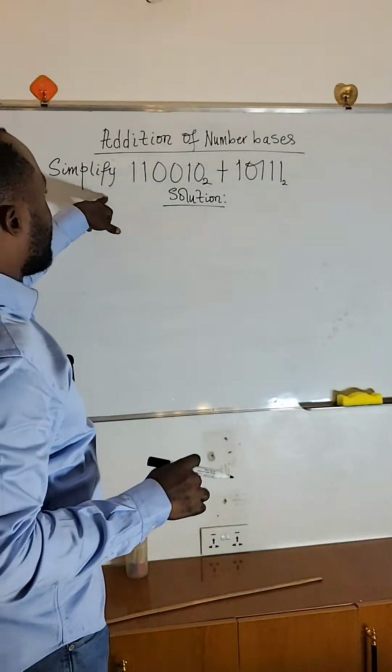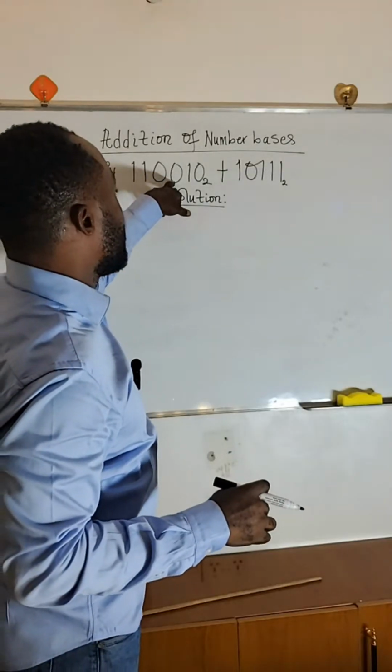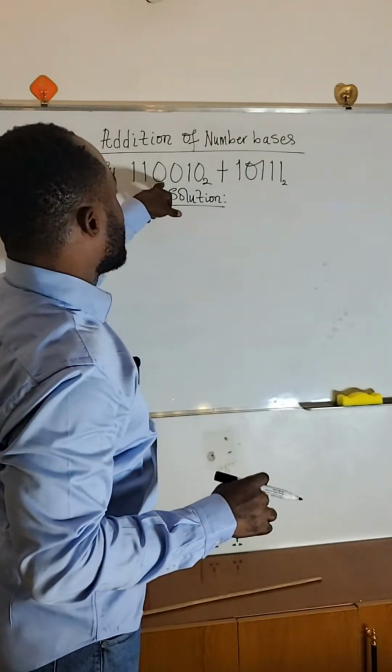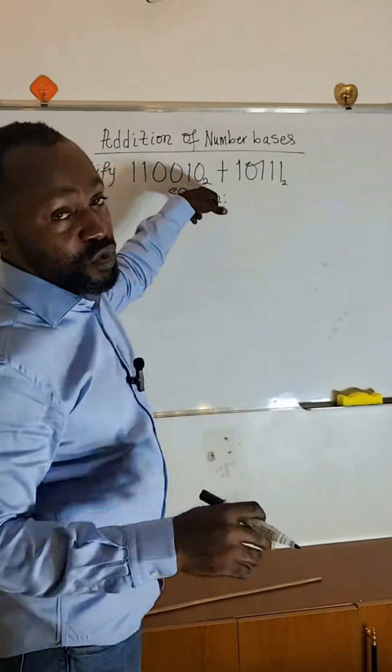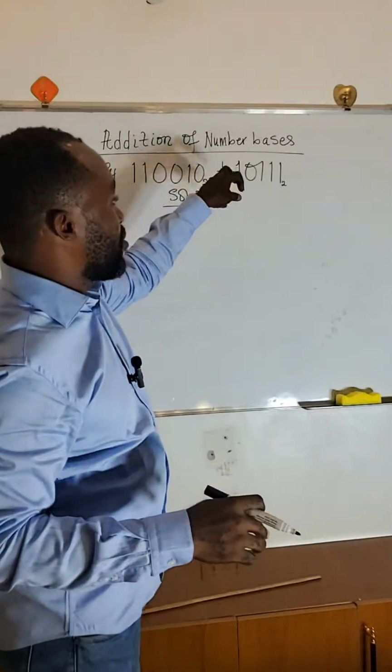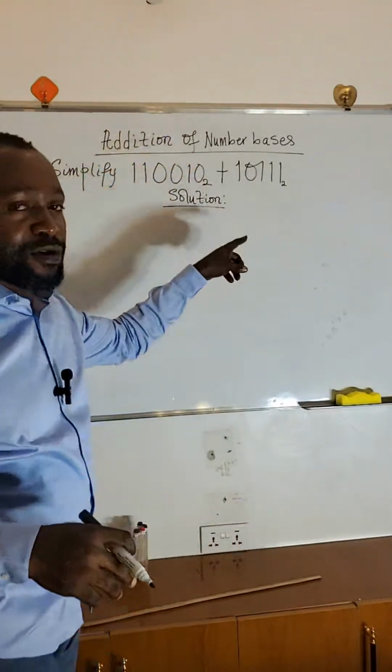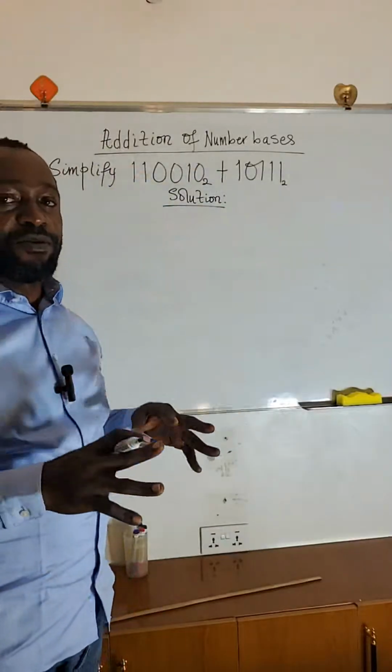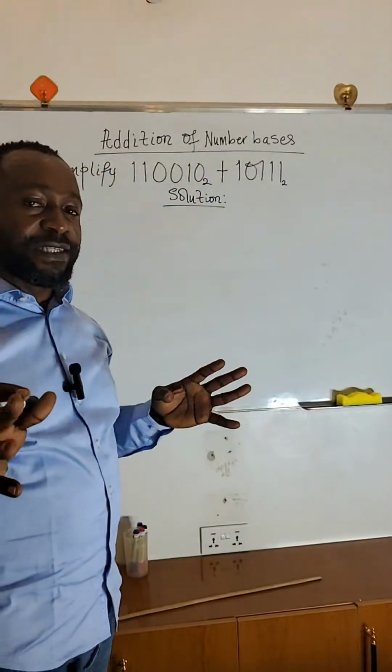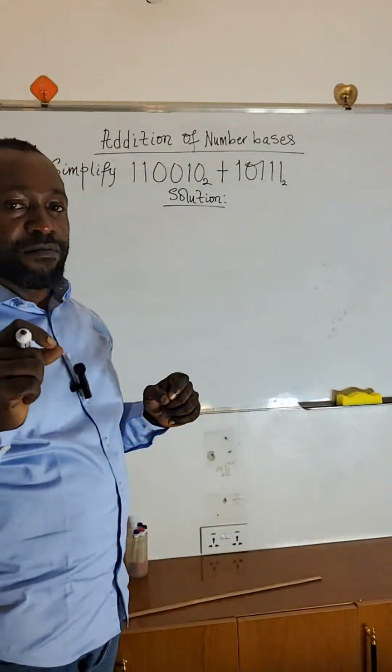We have to simplify 110010 in base 2 plus 10111 also in base 2. So let's see the real addition of numbers in base 2.